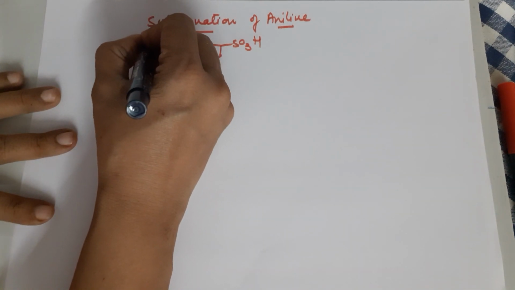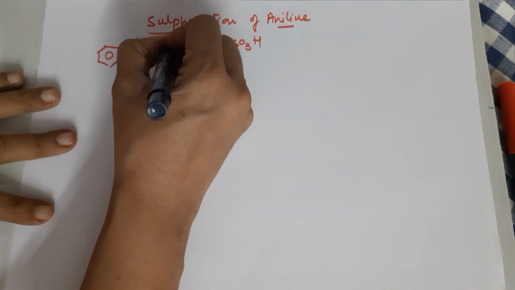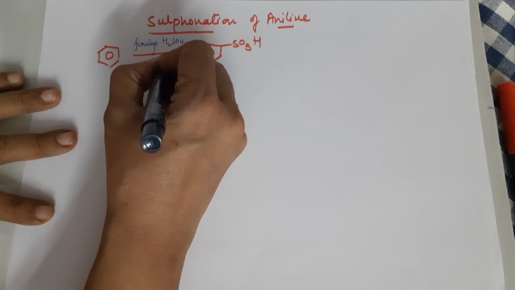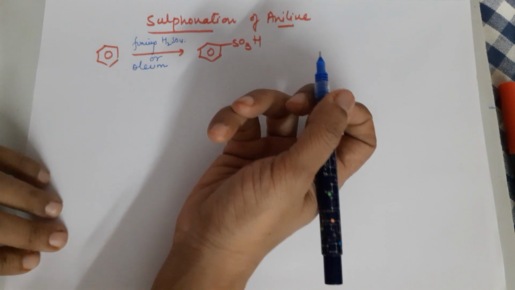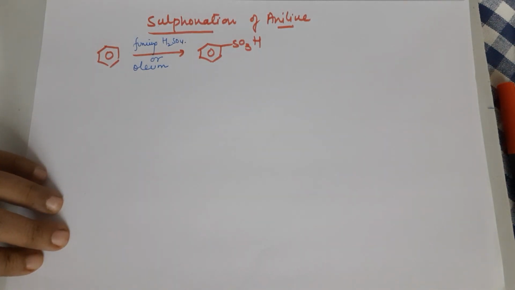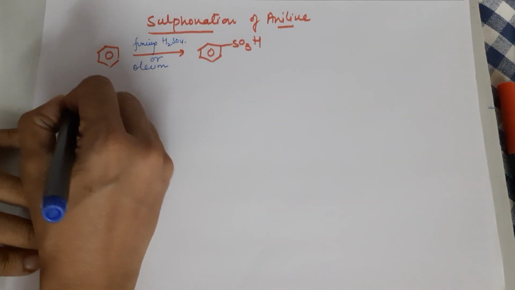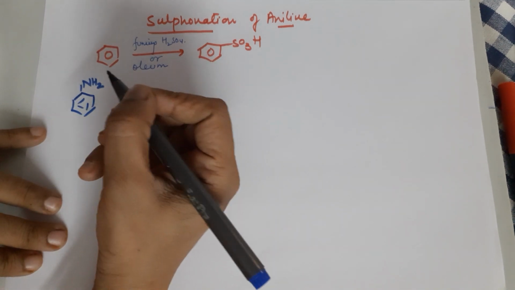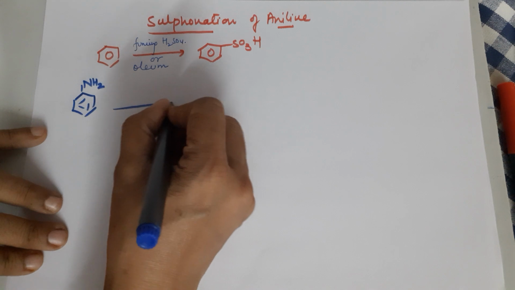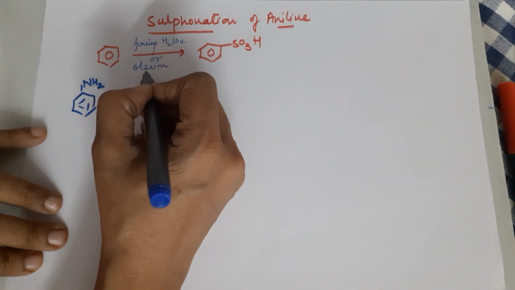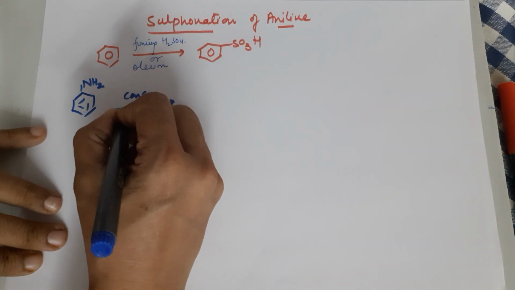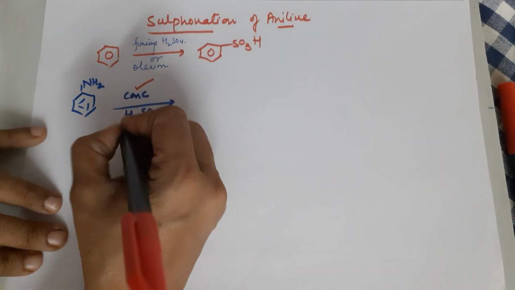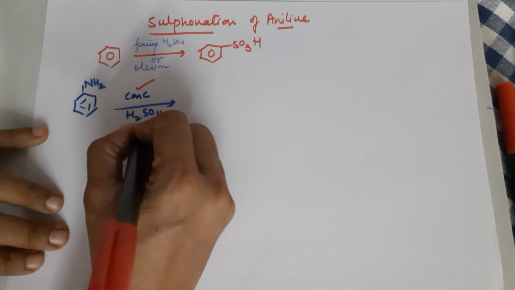You add fuming sulfuric acid, or you can add oleum. Was the reaction done in class 11th chapter hydrocarbons. Now the same reaction if I want to perform with aniline. So during the formation with aniline, you do not require fuming sulfuric acid or oleum. सिर्फ concentrated sulfuric acid लेने से भी काम चल जाता है, which is comparatively a milder condition.